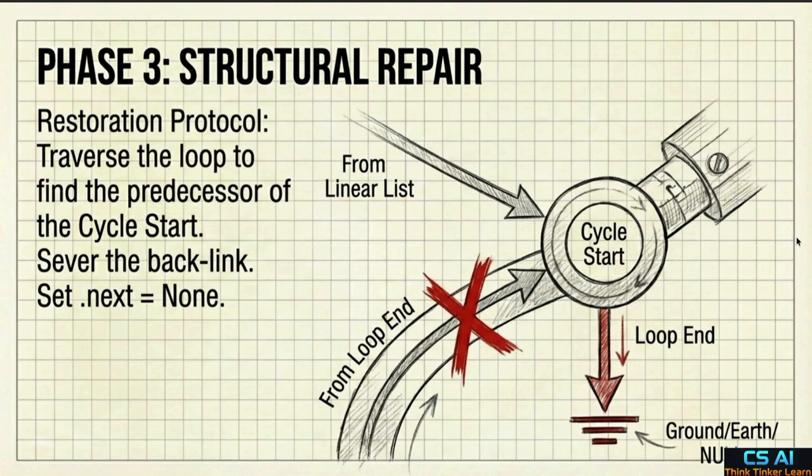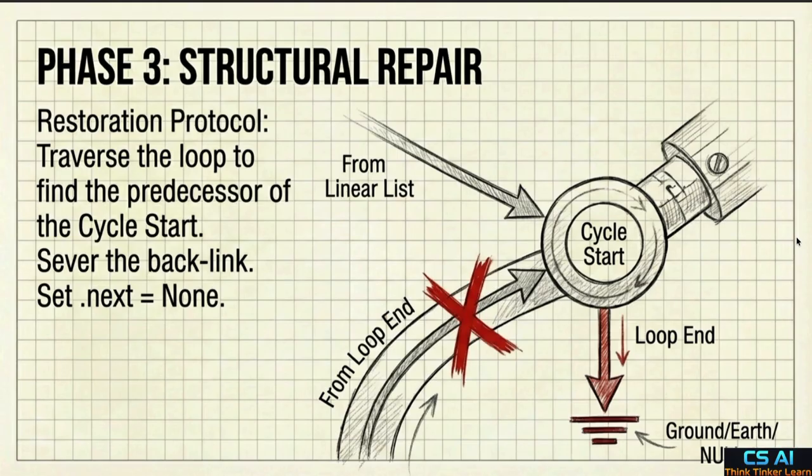Once the cycle start is identified, we proceed to phase 3, the structural repair. The restoration protocol is to break the loop and restore the list to a linear structure. We do this by traversing the loop to find the predecessor of the cycle start node. This node is typically referred to as the loop end.